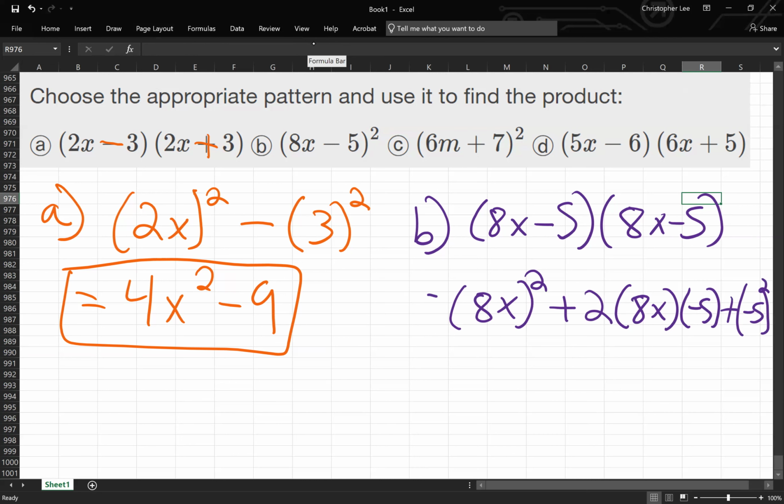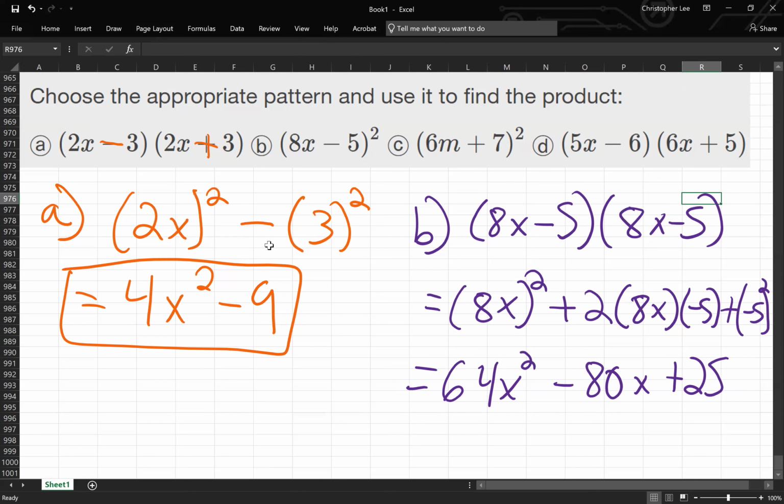That's your pattern. Final answer, 64x squared minus 80x plus 25. Simple.